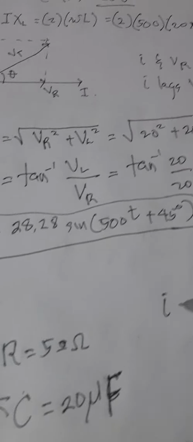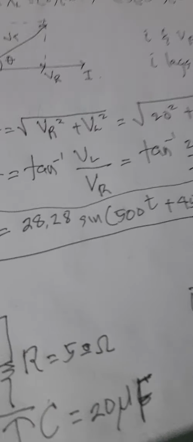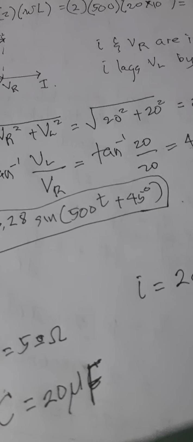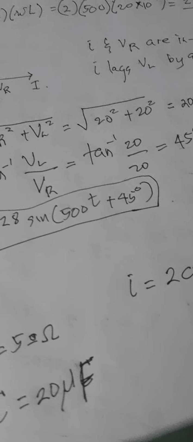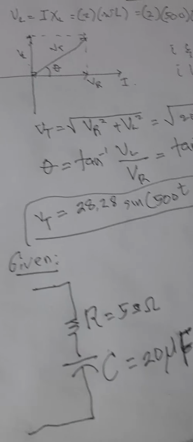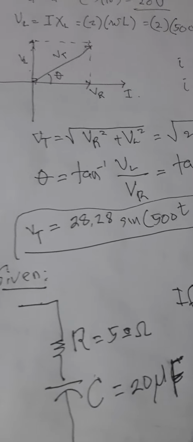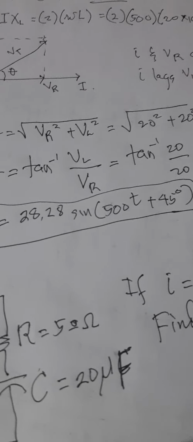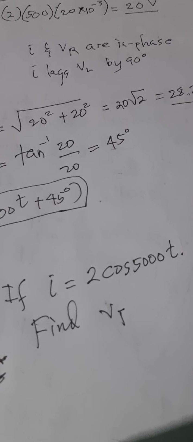Okay, kapag ang current ay 2 cosine of 5,000 t, okay, we are required to find terminal voltage VT. Yan.